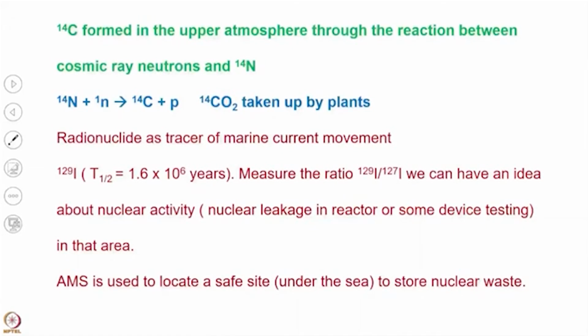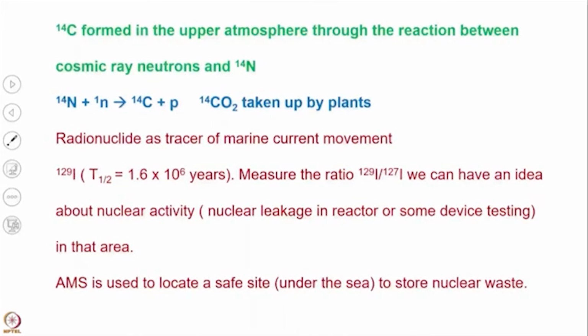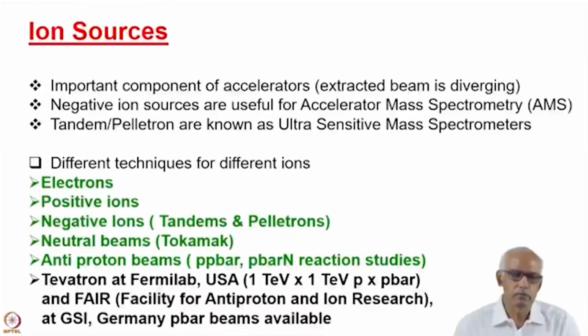They are in thousands in number, used for AMS work, and very accurate measurements are possible. Nowadays even 500 kV to 1 MV peloton accelerators are built explicitly for AMS purposes, and they are very effectively used for this purpose.